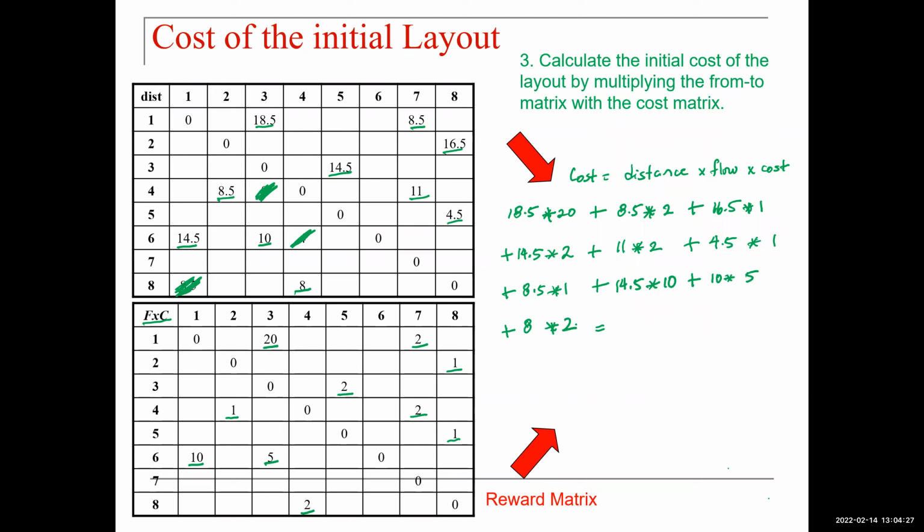So 20 times 18.5, 2 times 8.5, plus 1 times 16.5, plus 2 times 14.5, 1 times 8.5, 2 times 11, 4.5 times 1, 10 times 14.5, 5 times 10, yes. So this should be equal to 678.5.